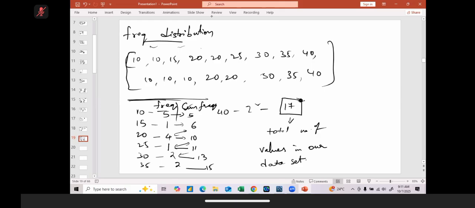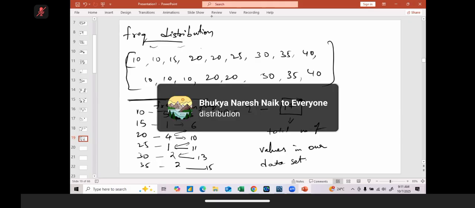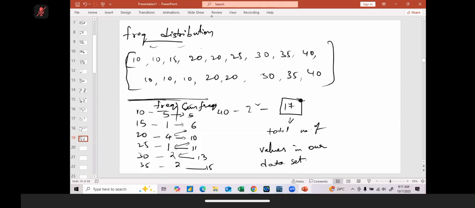We have discussed this already. We did discuss this relative frequency. Convert into probability distribution. Okay. What is relative frequency?